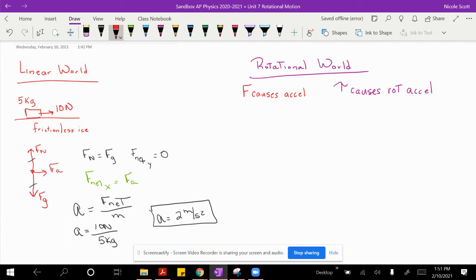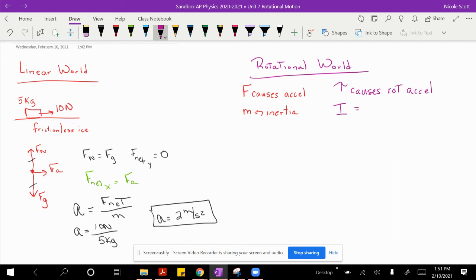In the linear world, we know that mass is the same thing as the inertia, and it's that resistance to change in motion. In the rotational world, it's not just the mass, it's the mass and where the mass is located.